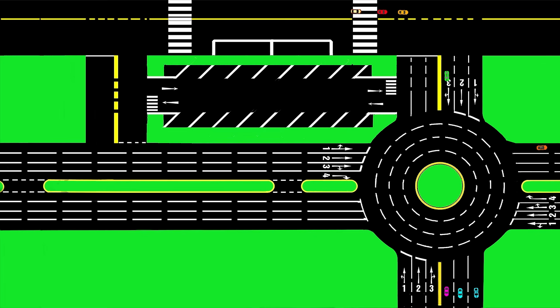Option 2, turn right, that is 90 degrees through the third lane of the roundabout and exit in the third lane of the major road. Option 3, go 90 degrees and exit in the 4th lane of the major road.